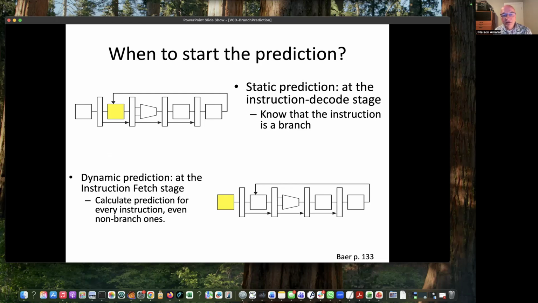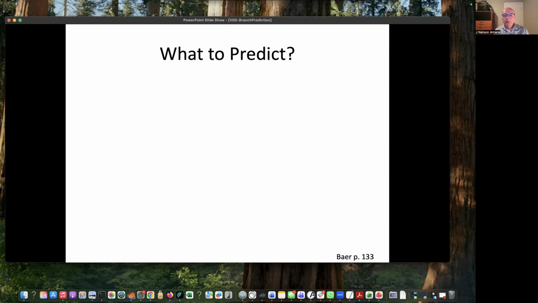Remember that at the instruction fetch stage, you don't know if this instruction is a branch yet. So this means that you're going to calculate a prediction for every instruction, even the ones that are not branches. And later you're going to, of course, only use the result of your calculation for the instructions that are branches.